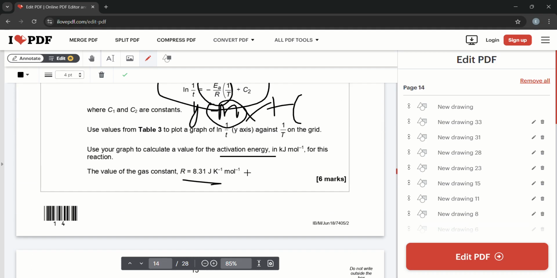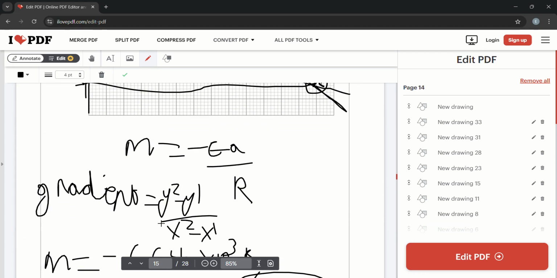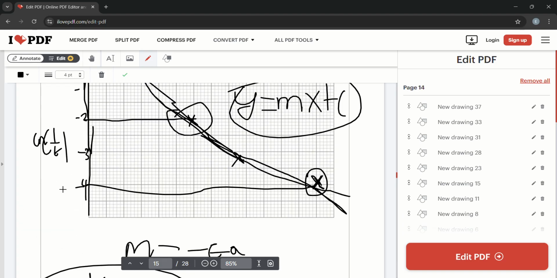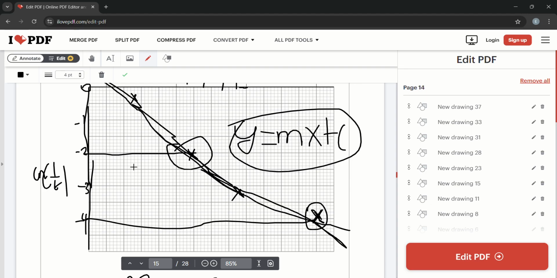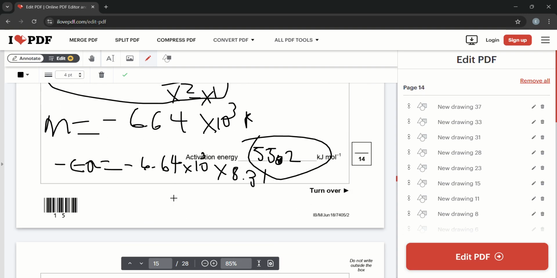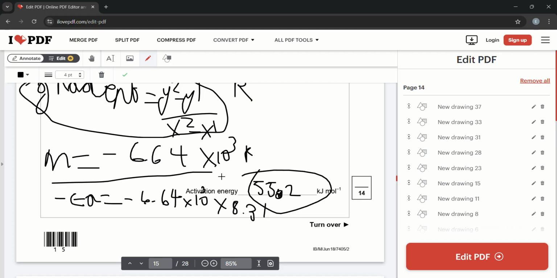So if we want to find out the activation energy, we find the gradient using y2 minus y1 over x2 minus x1. Obviously in this case, if we use these values, we won't get the gradient that we want. We get m equal to minus 6.64 times 10 to the power 3 Kelvin.